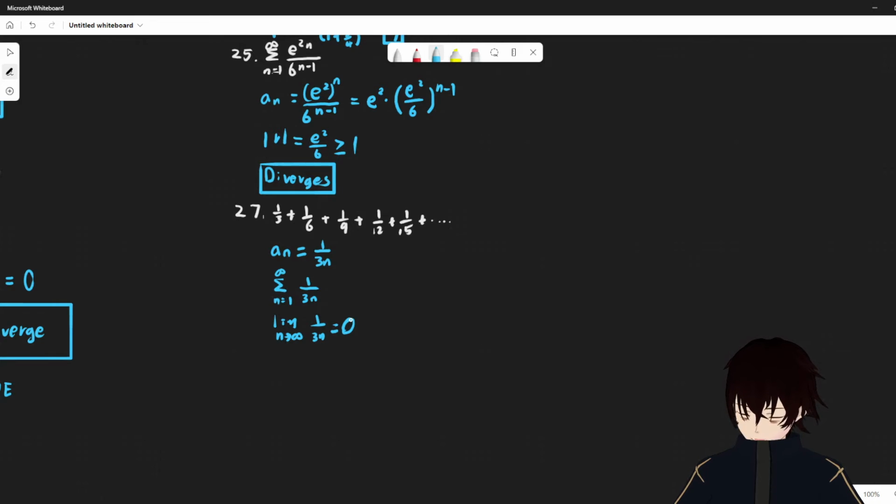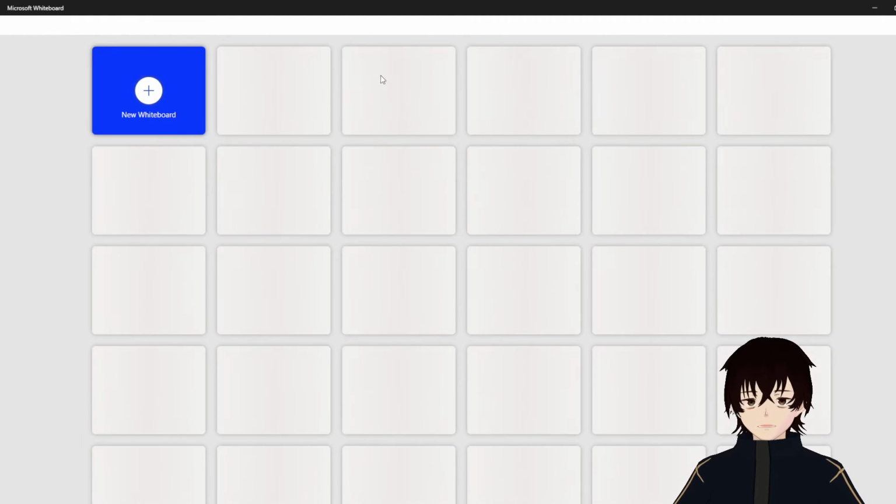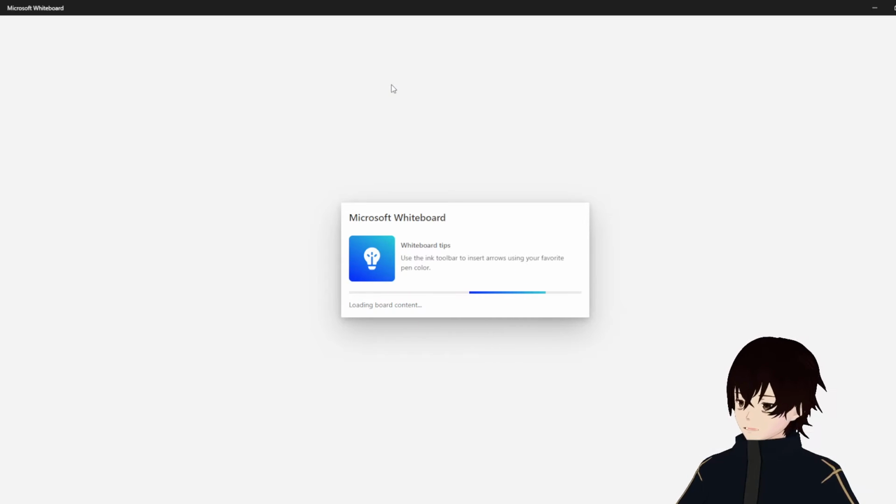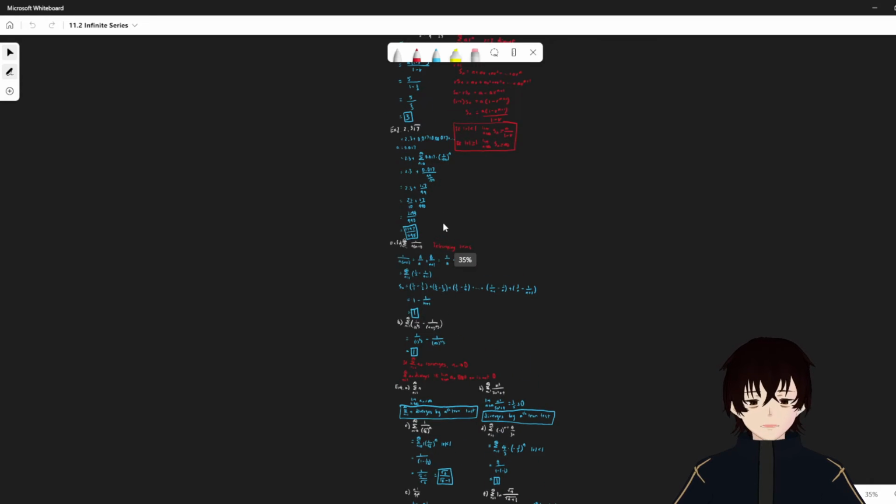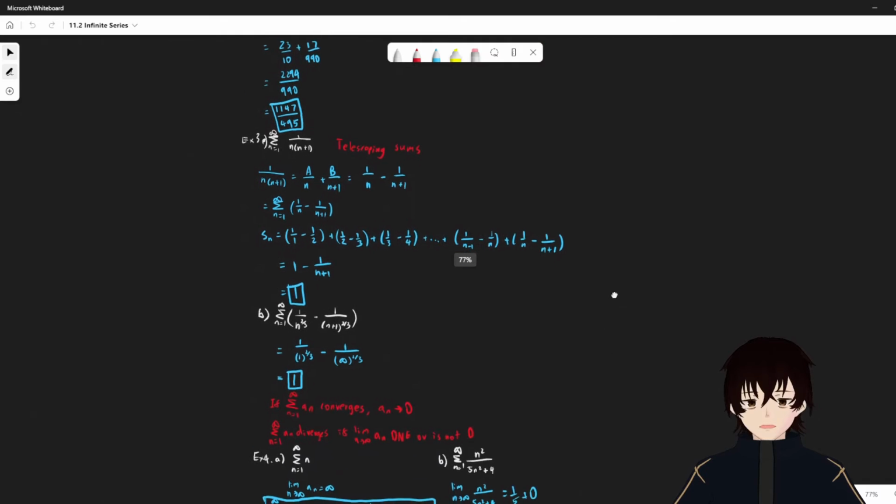If the sequence converges to L, we say the sum converges to L. If the sequence diverges, we say the sum diverges. Gotta actually check notes. Or is it infinite series? Alright, do I have an example here?